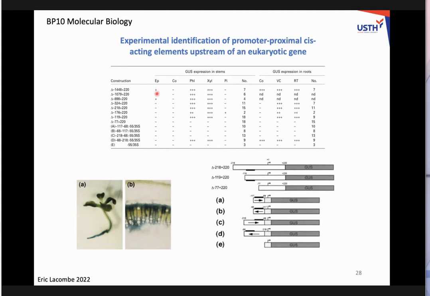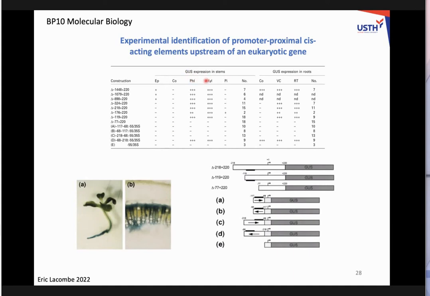So it's written with plus or minus signs. And here you've got the names of the tissues where we can find GUS activity. So I explain a little bit what they stand for. EP stands for epidermis, but you see there is no expression in epidermis, so very, very weak. CO stands for cortex. It is this part of the stem.